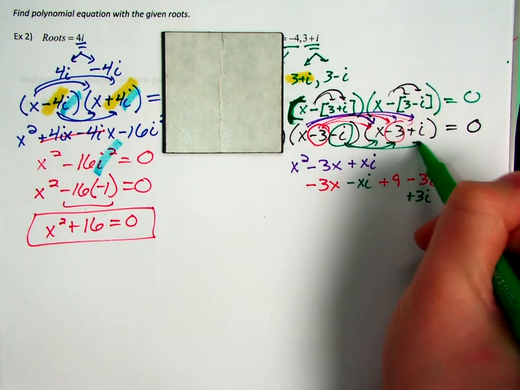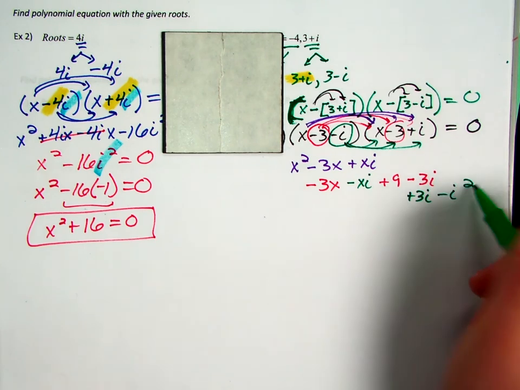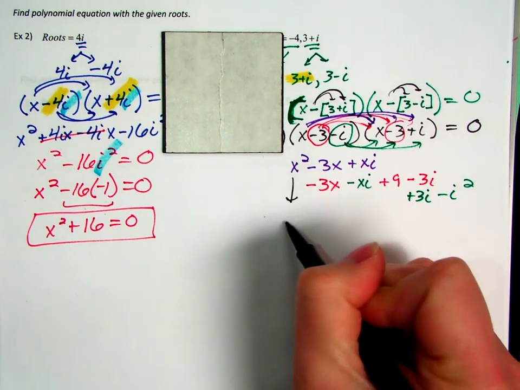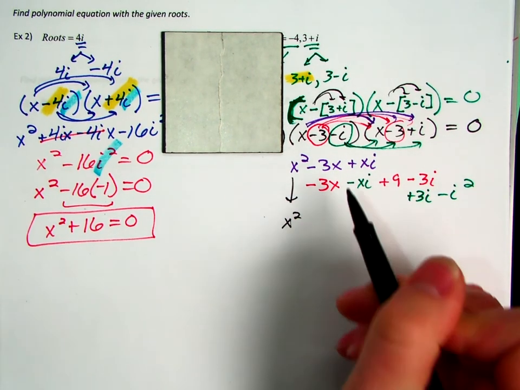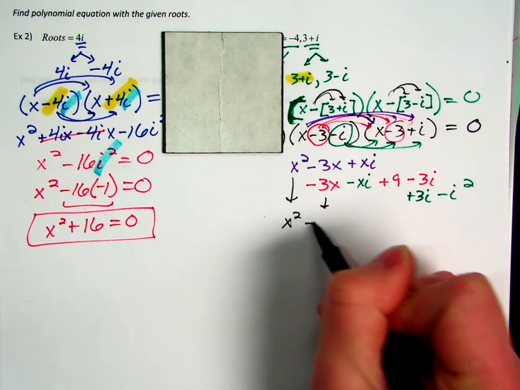Negative i times positive i would be negative i squared. And now I can go ahead and combine things together to see what we've got left at this point. So there is nothing to combine my x squared with, so I'll just bring my x squared down. Negative 3x and negative 3x are going to combine to give me negative 6x.